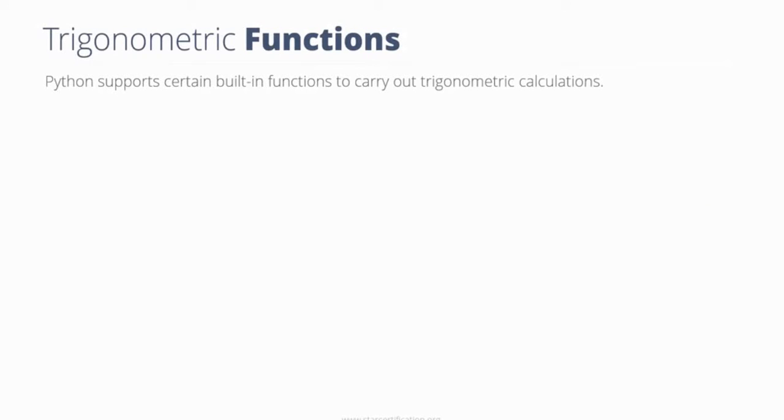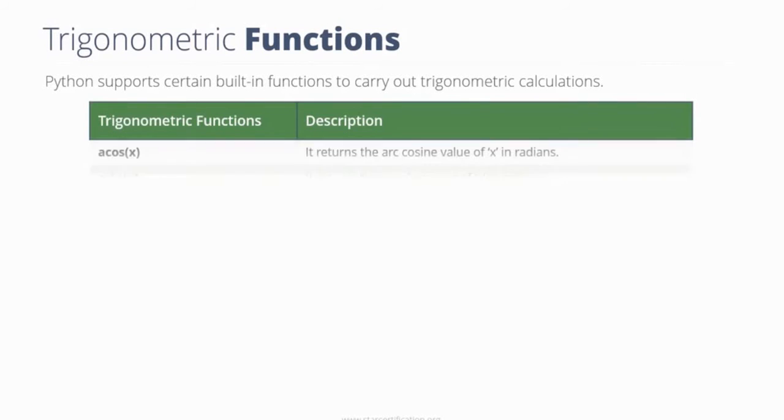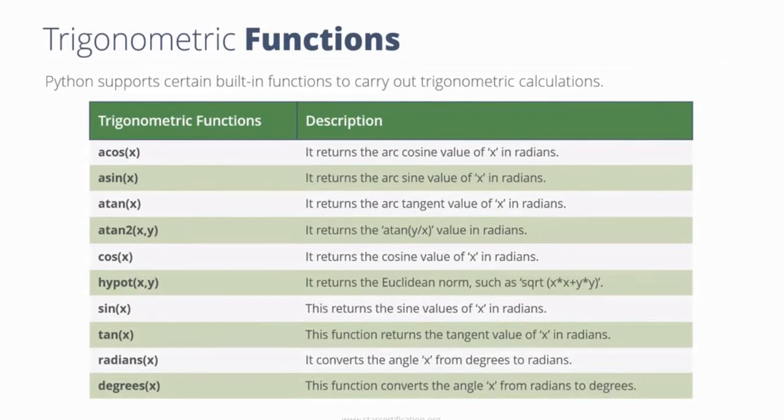Python supports certain built-in functions to carry out trigonometric calculations. These are listed in a table on the screen.